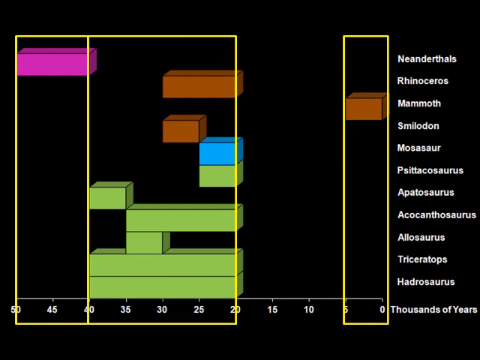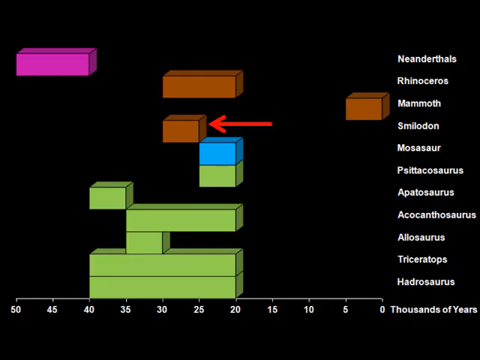Notice that this is the year 0, and this is going backwards in time. So notice that the Smilodon, which is the more scientific name for what people commonly think of as the saber-toothed tiger, saber-tooth is actually like a category of tigers. So Smilodon is a specific genus of saber-toothed tiger.